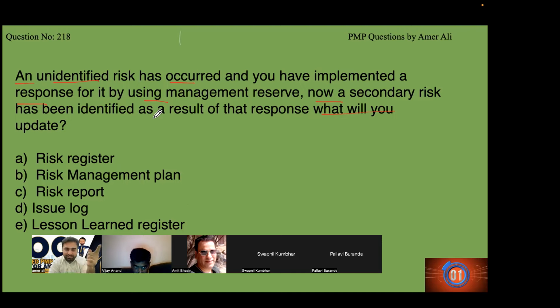What will you update? You have identified a risk. So whatever the question says, if a risk has been identified before occurring, it goes to the risk register. Not the risk management plan, not the risk report, not the issue log. If the question said, what did you learn from there? Then it would be the lessons learned. But the right answer is risk register.